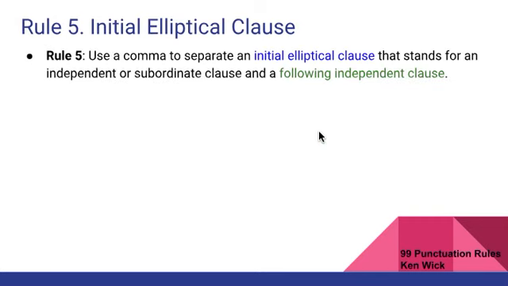Rule number 5. Use a comma to separate an initial elliptical clause that stands for an independent or subordinate clause and a following dependent clause.